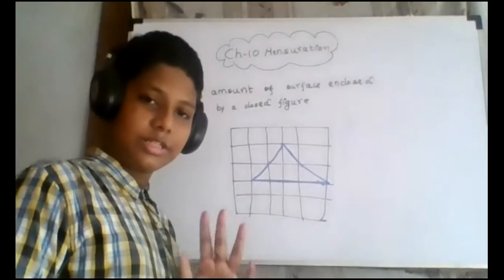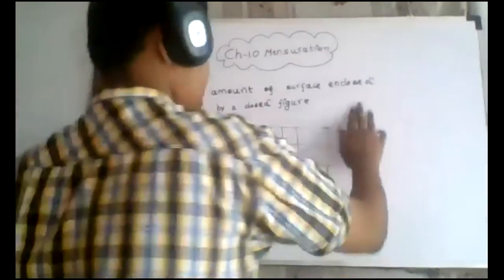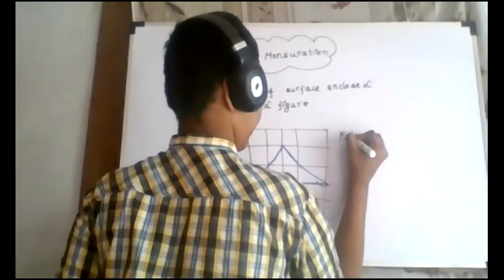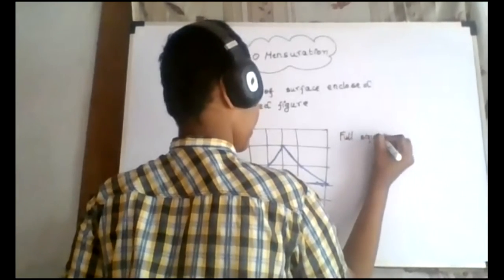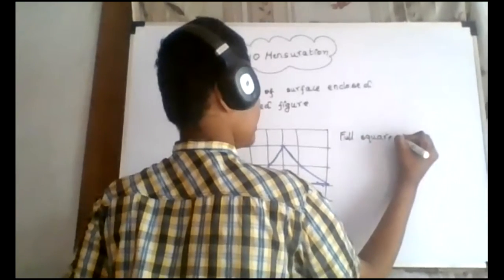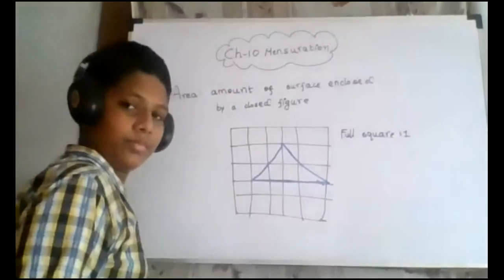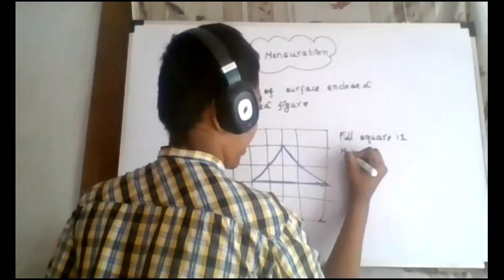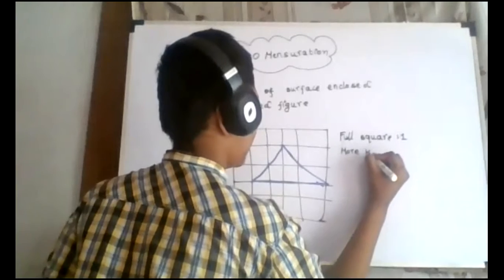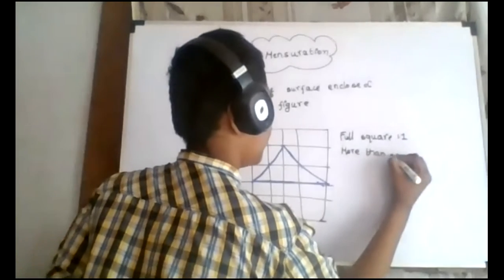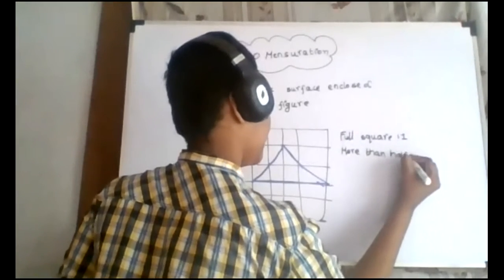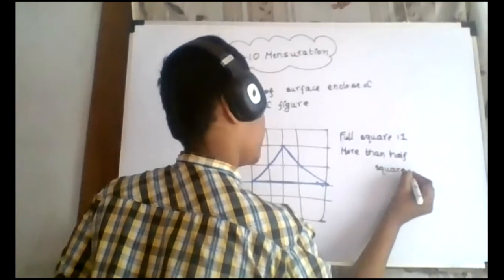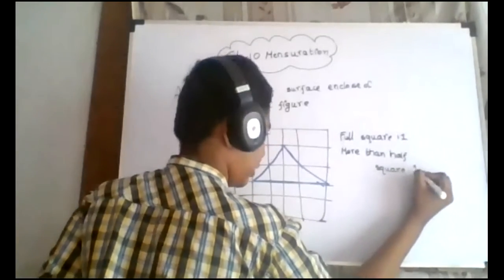First we consider full squares. If we have a full square, the area of that square will be 1. If we have more than half a square, you have to consider it as 1 only.